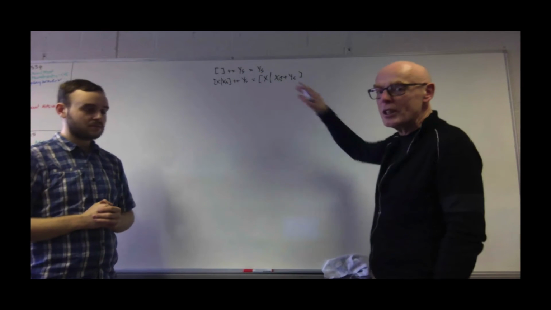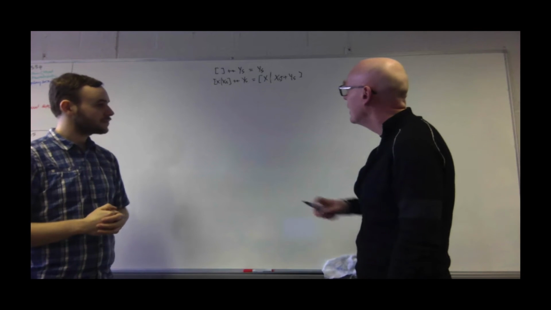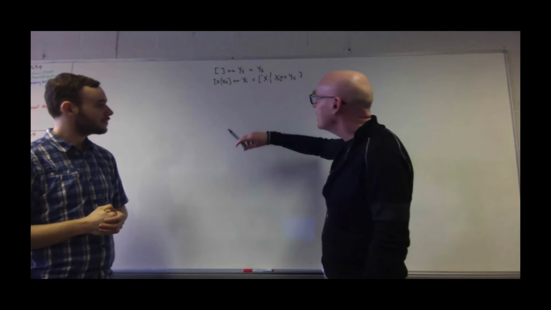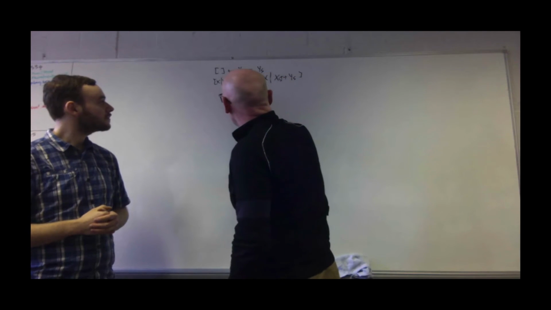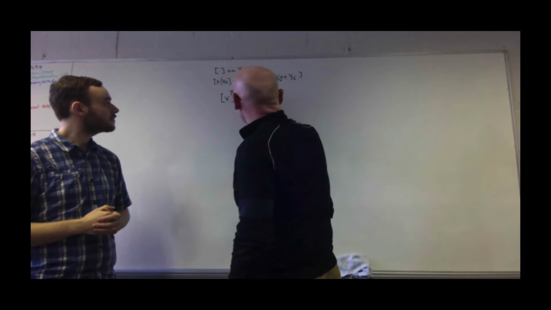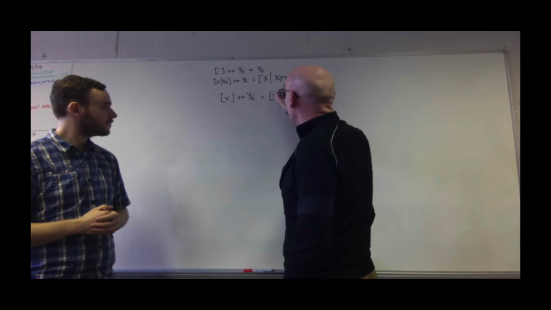I've written them as equations rather than as definitions, but you can see the point. In particular, if you have a list which just has one element in it, and you join that to ys, that's just, in one step, x cons ys.